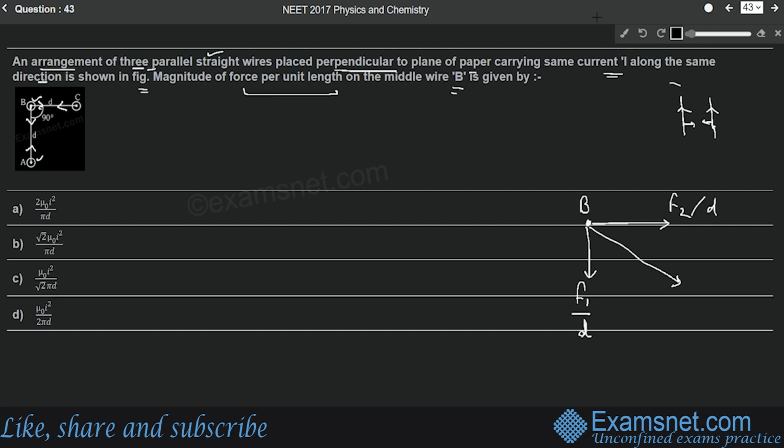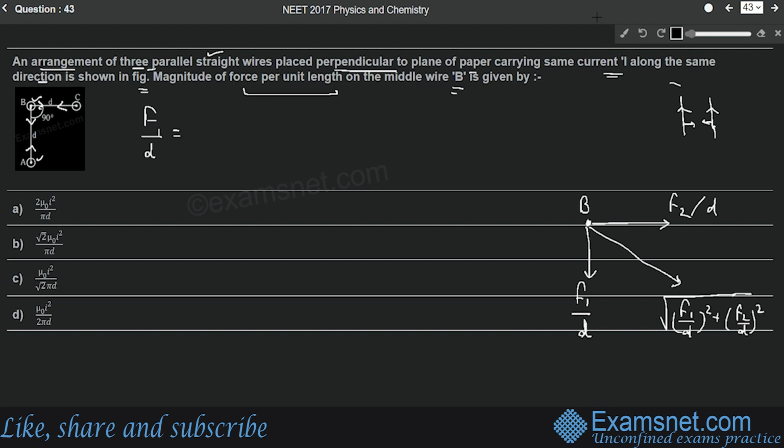So the net force will be under root of (F1 by d) square plus (F2 by d) square. Now we have to find out the value of F1 by d and F2 by d.